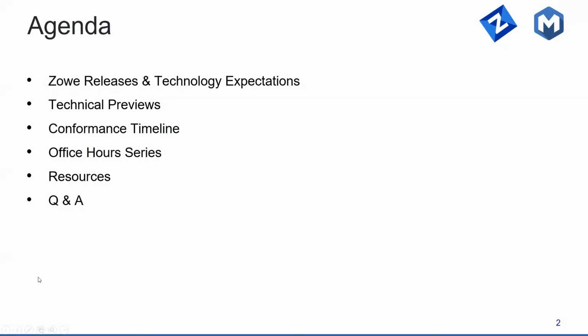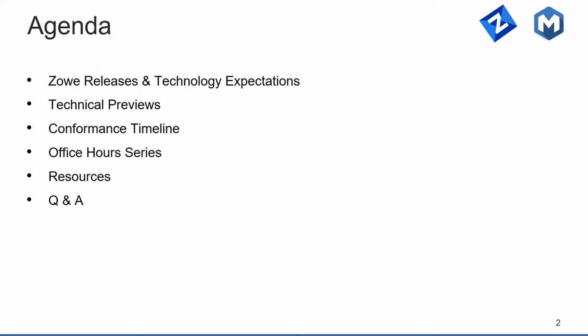What we're going to do is we'll review the Zowe releases and technology expectation slide. We open every session with this slide. And then we'll go into just some general information related to V2. There is a technical preview available. I'll share that information with all of you.